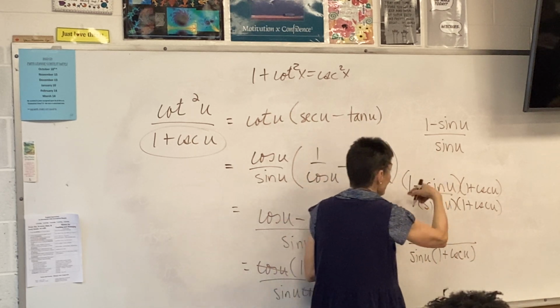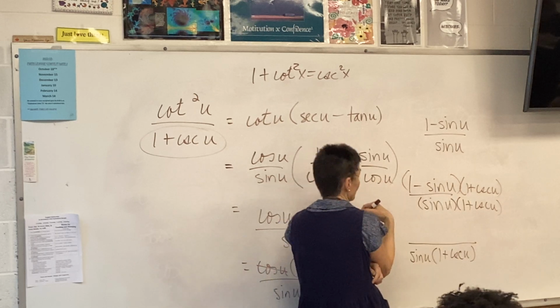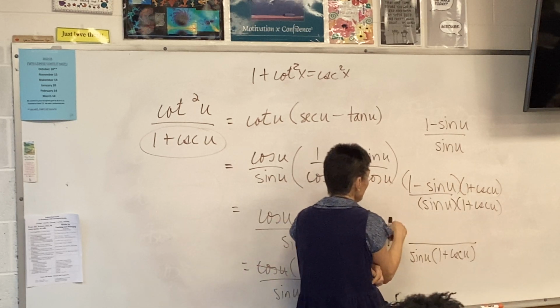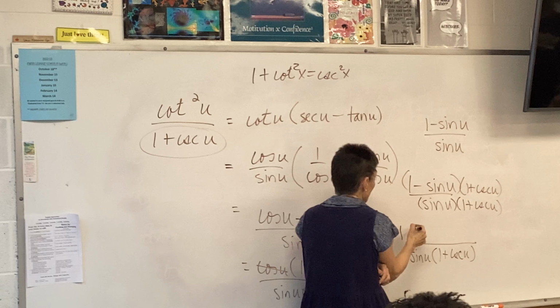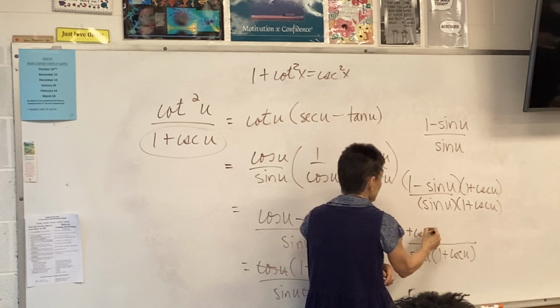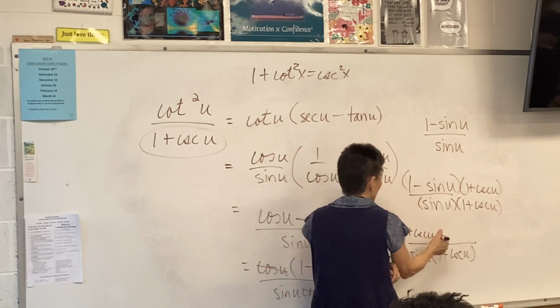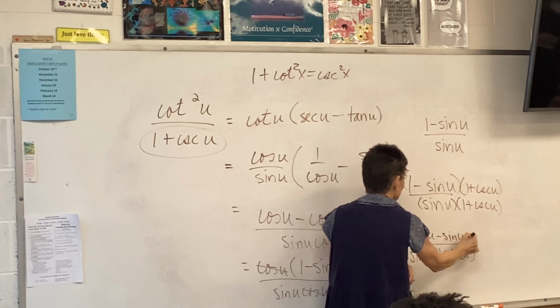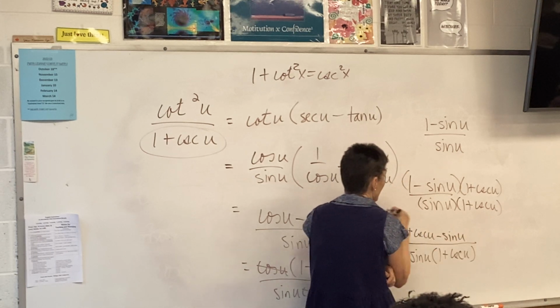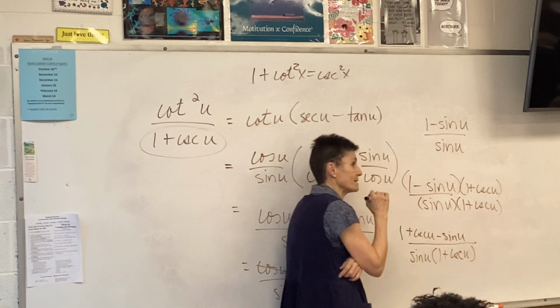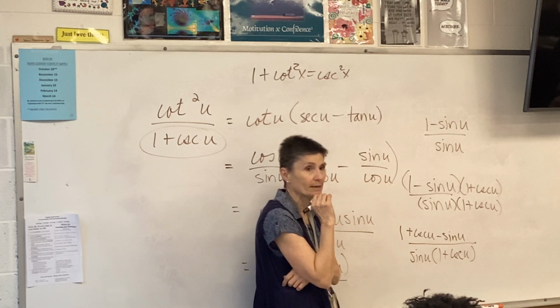So leave the denominator alone, and with any luck, we'll be able to cancel that out of here. Well, let's see, what do we get when we FOIL on the top? We get 1 plus sine times cosecant, minus sine. Wait a minute, what's sine times cosecant?